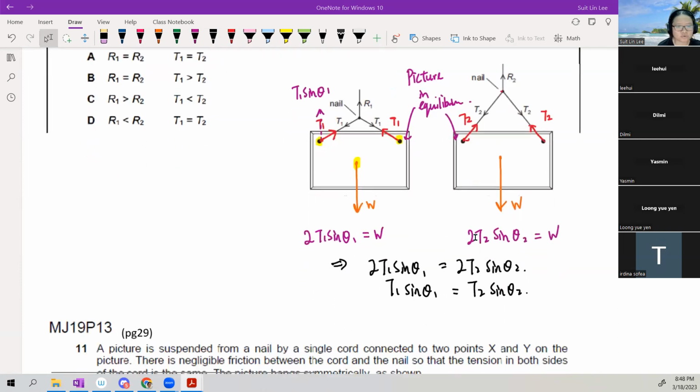And this allows us to evaluate T1 and T2, because I know for a fact that theta 1, let me show you where is theta 1 again. Theta 1 is this tiny angle. Theta 2 is this big angle. So theta 1 is less than theta 2, meaning sine theta 1 is less than sine theta 2.